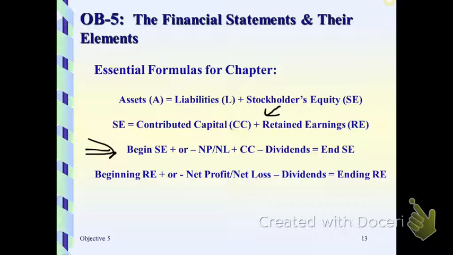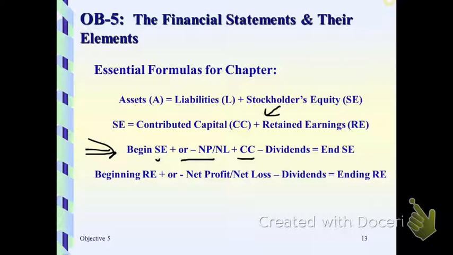We can look at it and say the beginning stockholders' equity, plus or minus our profit or loss, plus our contributed capital. The contributed capital, remember, is the amount that the stockholders have bought into the company.